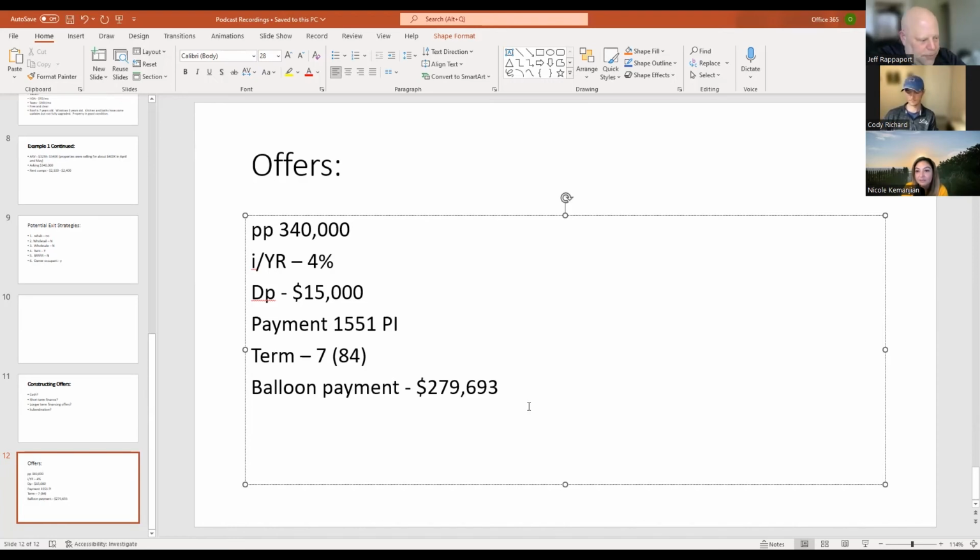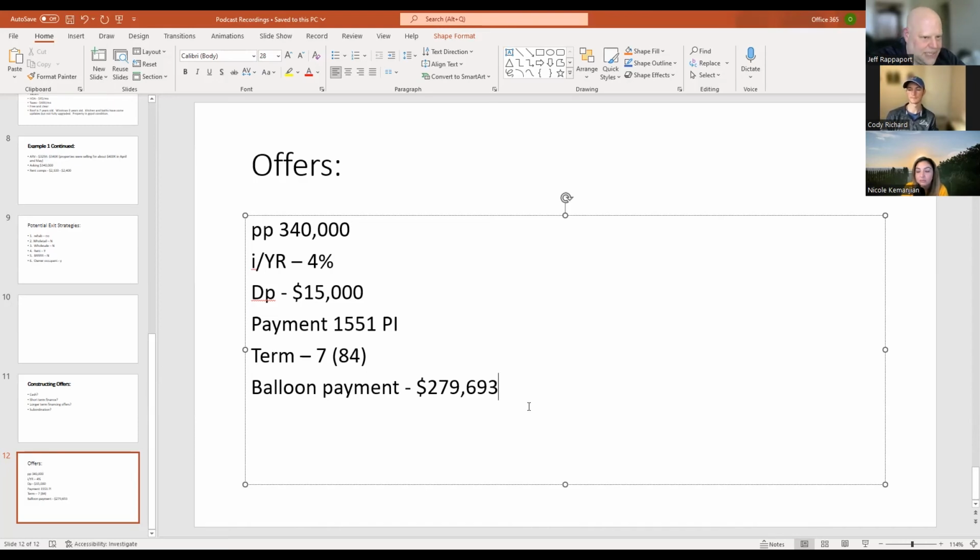Why 80% is kind of crucial, at least in our world, is that if this was a rental, that would be their down payment. Anything below 80% loan to value means they could refinance.